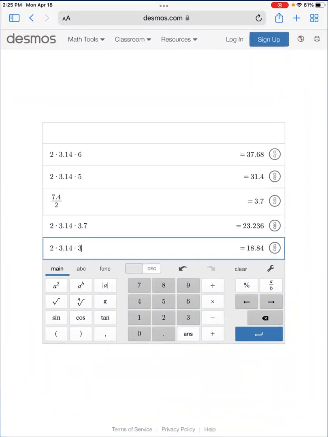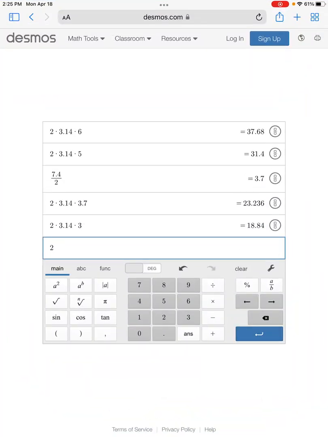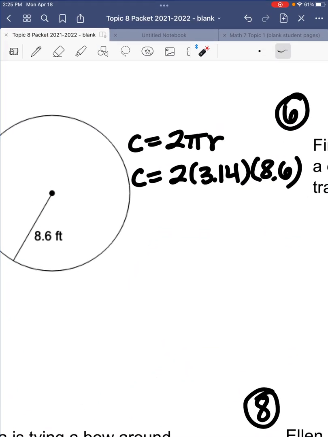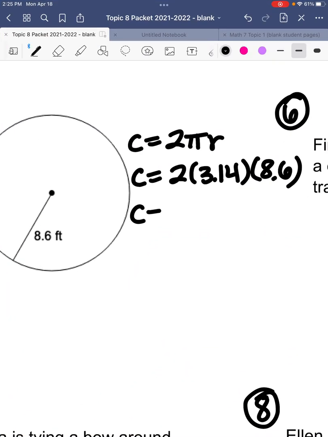So let's go back to the calculator. 2 times 3.14 times 8.6, and I get 54.008. So my circumference is 54.008 feet.